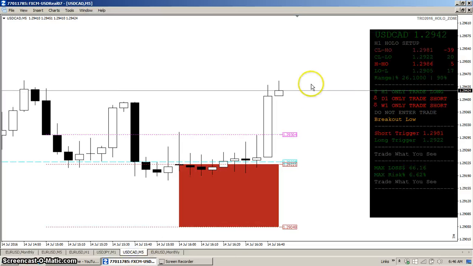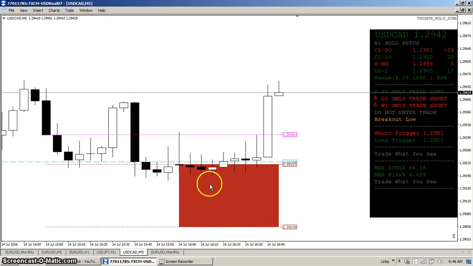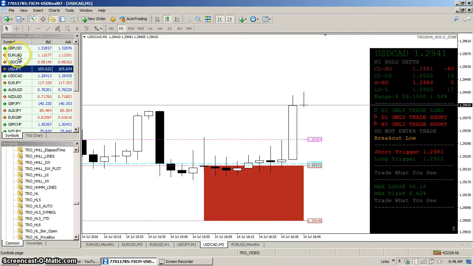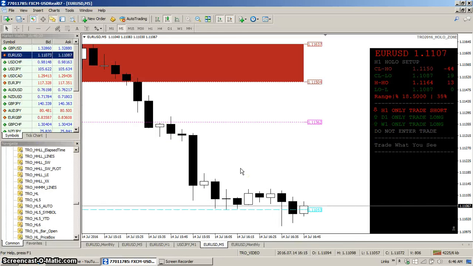I'm also working on the TRO 2016 Holo Zone indicator, and it'll color in the zone. Since it's fire brick color, that means yesterday on the daily was a down day. Okay, we can switch to a different pair.